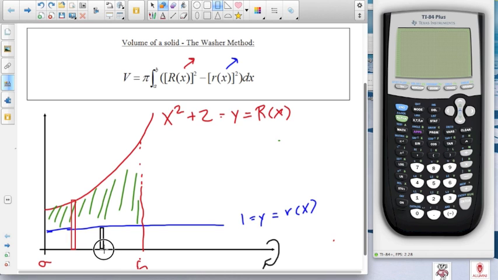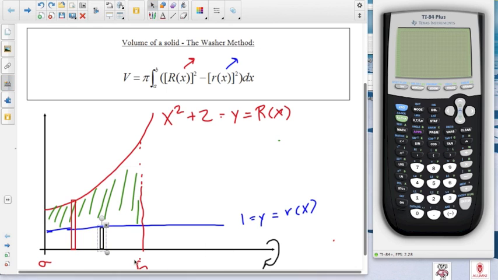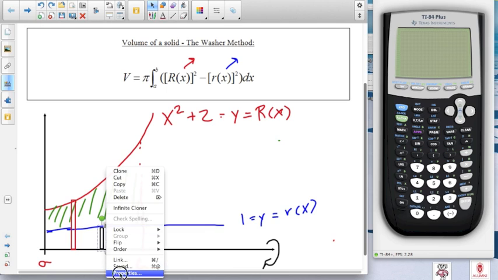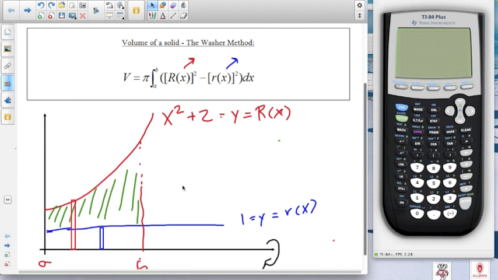So that inner rectangle would be that incremental rectangle. Let me just make that blue to color coordinate. There we go.